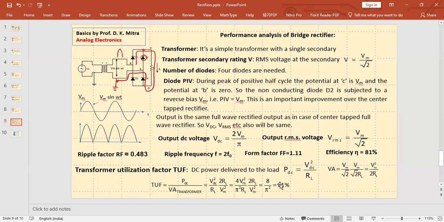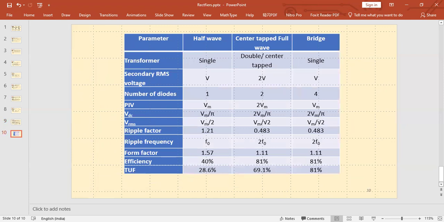Mind it, the transformer utilization factor of a half-wave rectifier was very poor, some 28%.